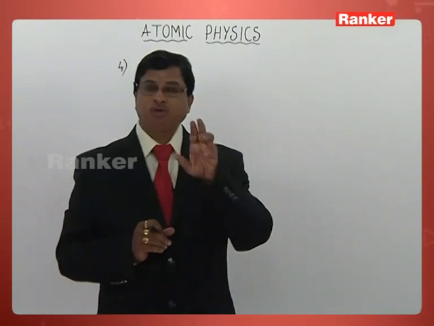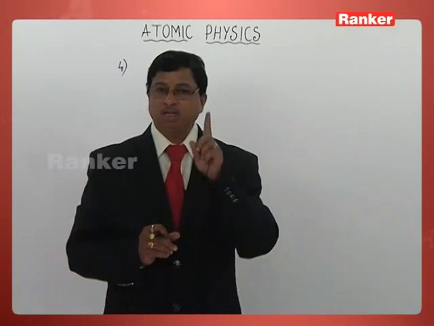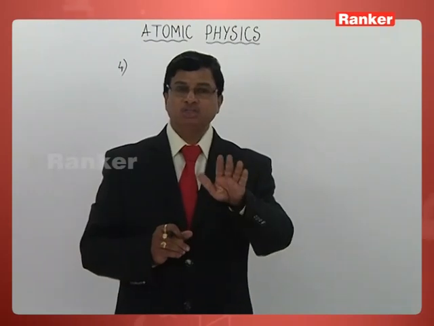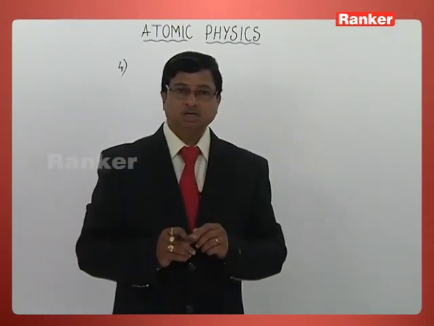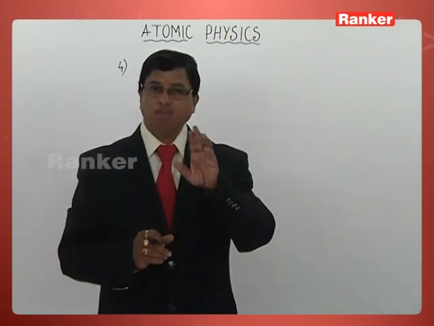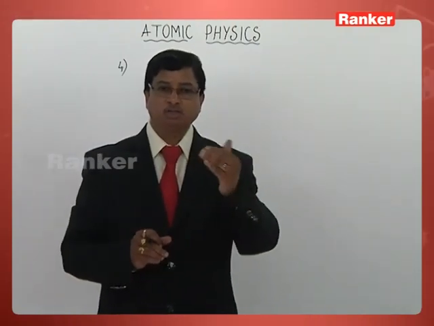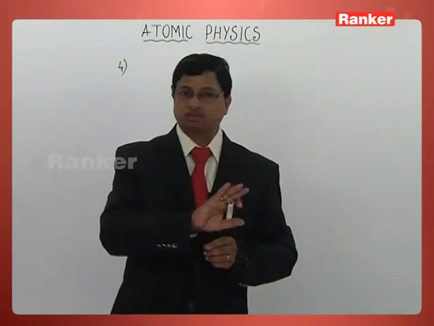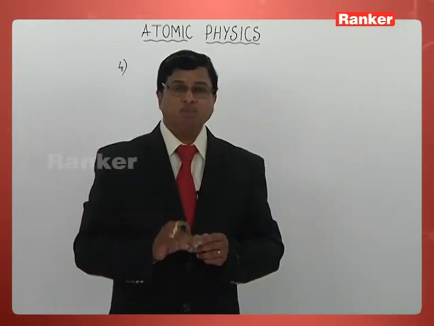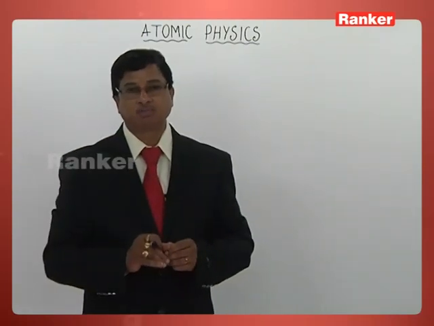This photoelectric emission can be explained only by considering Max Planck's quantum theory. That means Newton's corpuscular theory, Huygens' wave theory, and Maxwell's electromagnetic wave theory cannot explain the photoelectric effect.